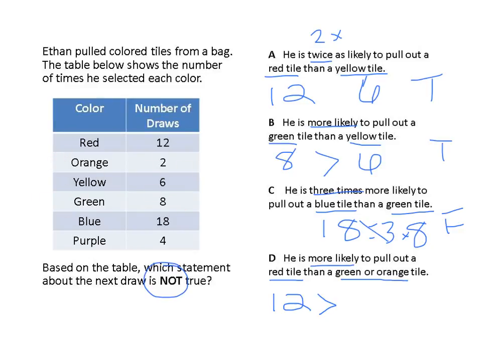So I'm going to add 8 plus 2, which is equivalent to 10. Is 12 greater than 10? Yes, it sure is. So he is more likely to pull a red than a green or orange tile. So you can see that the correct answer for this problem is C.